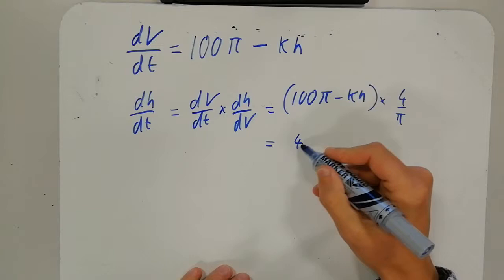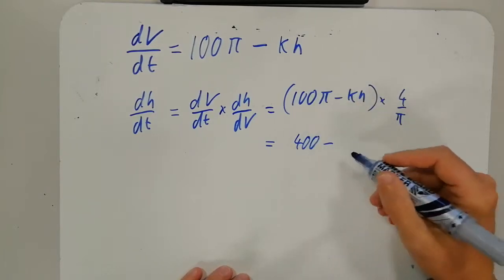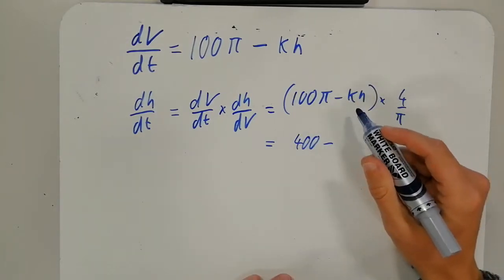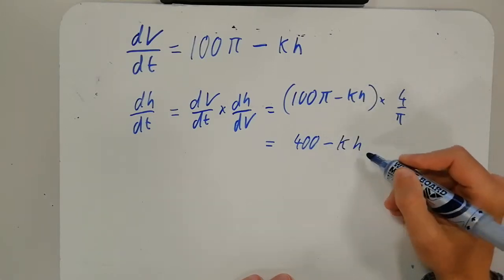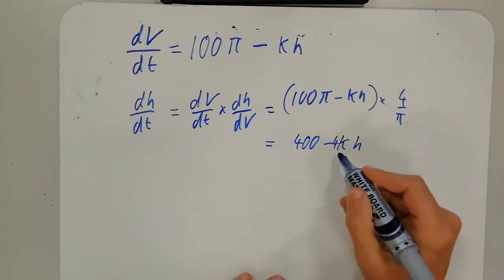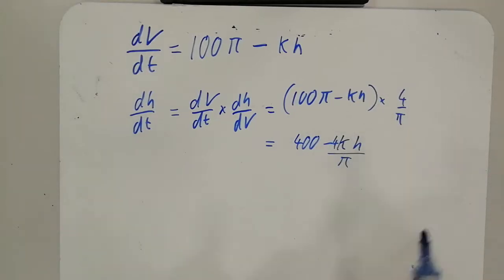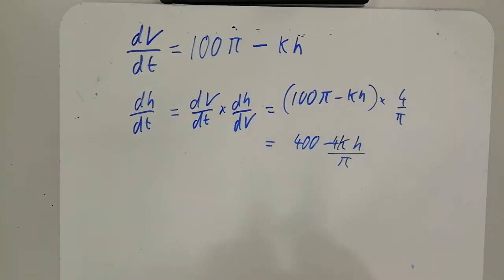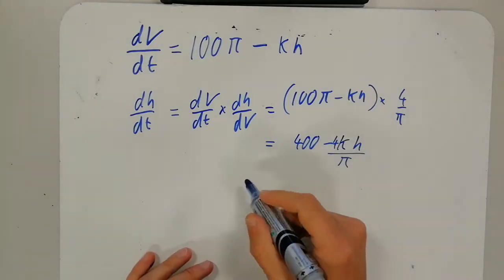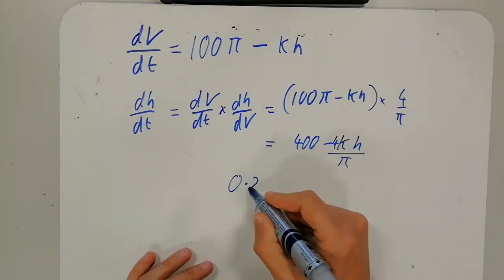Simplifying this, that's going to give me 400 minus 4kh over pi. Cool. I now know that when I have a height of 5 metres, my volume is decreasing at a rate of 0.2 centimetres per second. So we'll now put that information in.